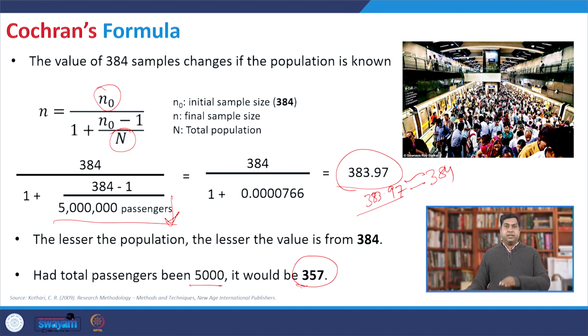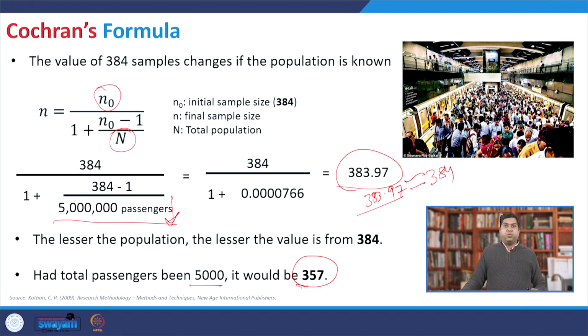But you can see that from this level to this level, the sample requirement has not changed in the same pattern. Obviously, whenever you have a very small population, the sample will be as close as your population. Say for example in a particular class there are 5 persons.